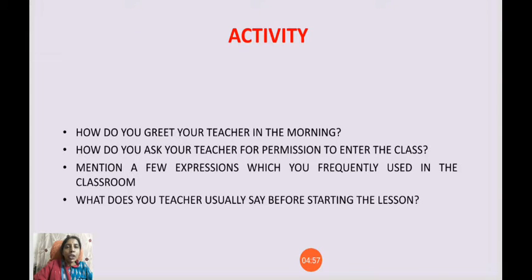What does your teacher usually say before starting the lesson? Think. What does your teacher usually say before starting a lesson?